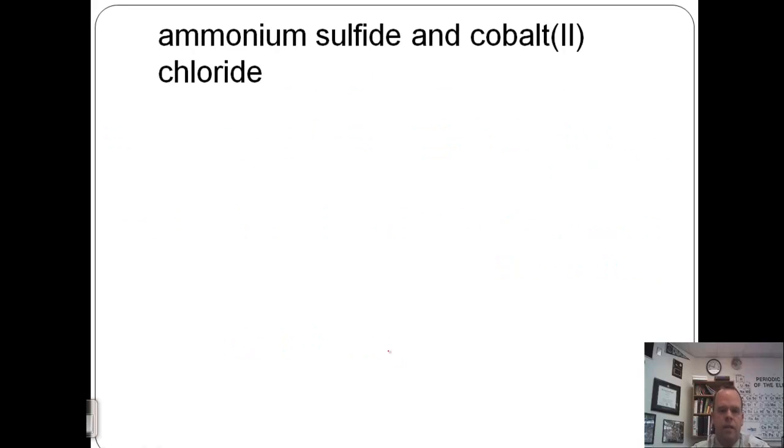Okay, next, ammonium sulfide and cobalt-2 chloride. Ammonium sulfide, (NH4)2S. We know that's aqueous because of the ammonium. Cobalt-2 chloride, CoCl2.